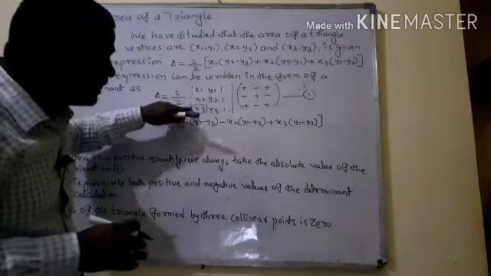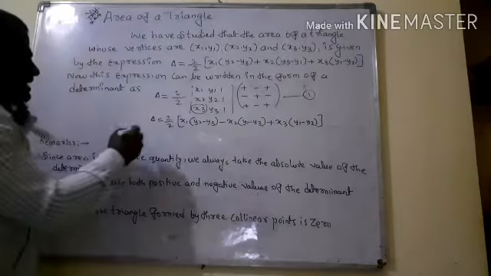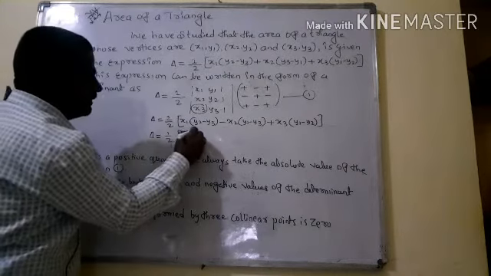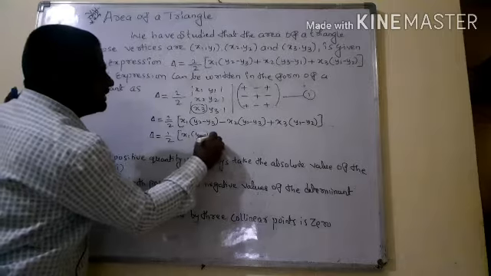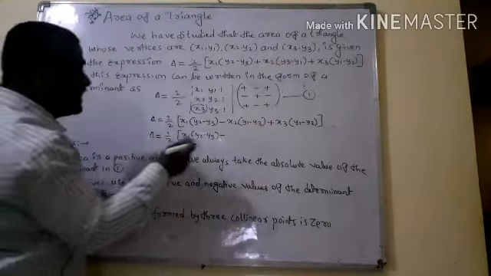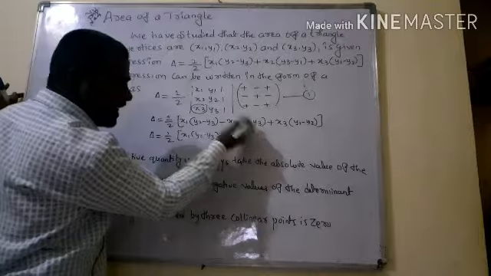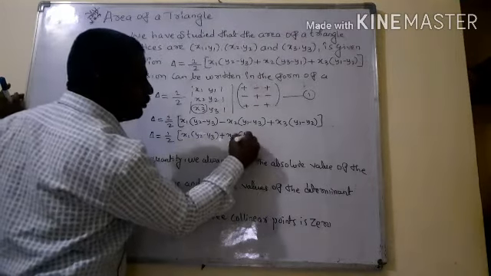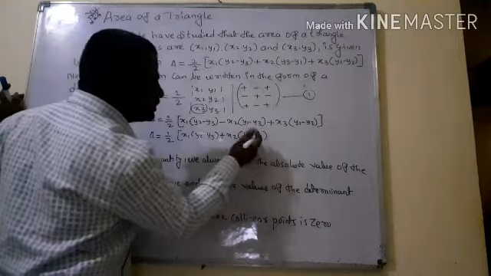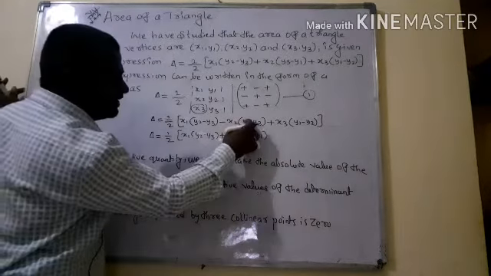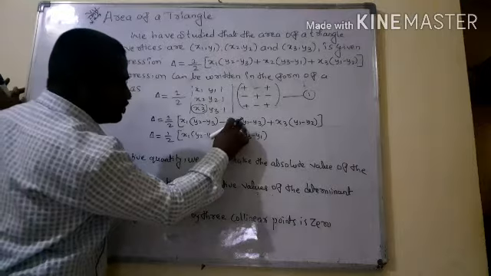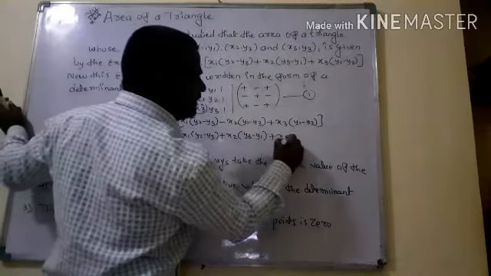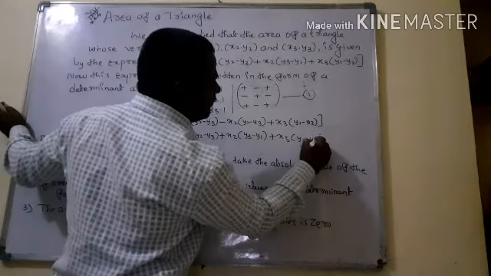In this one, del is equal to 1 by 2, x1, y2 minus y3, minus, I can take, look at this, here negative is common, so this negative comes here positive, x2, so y3 minus y1. When I take negative common, it is positive, and this positive will go to negative. Last one, x3, so y1 minus y2.